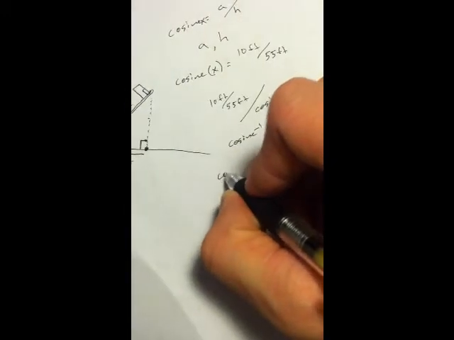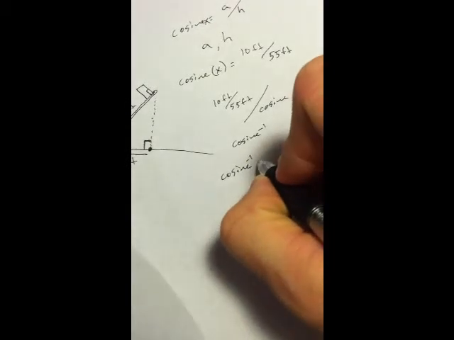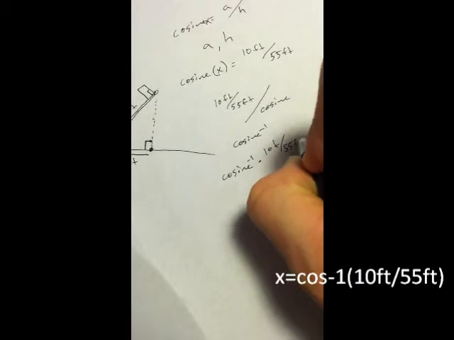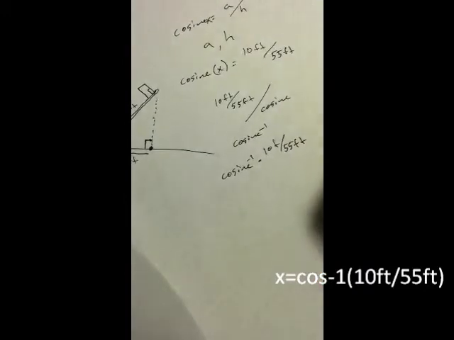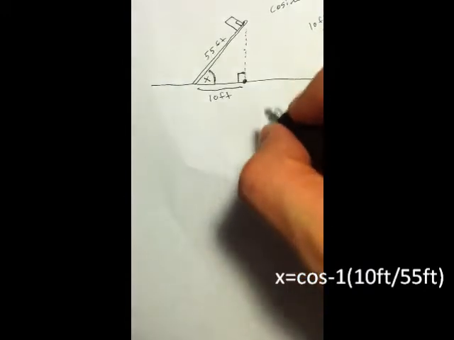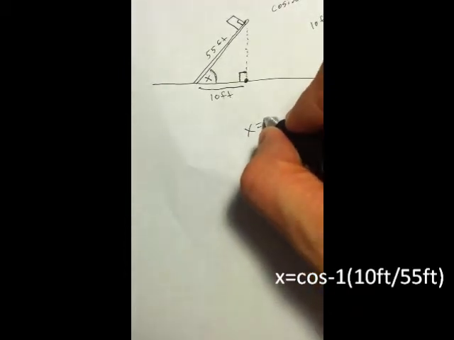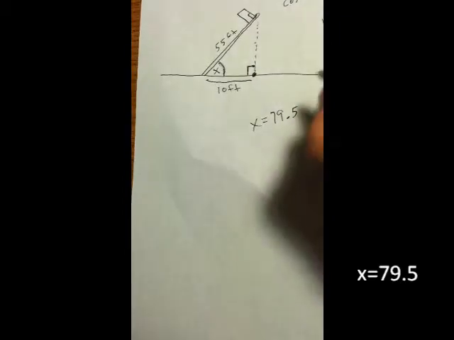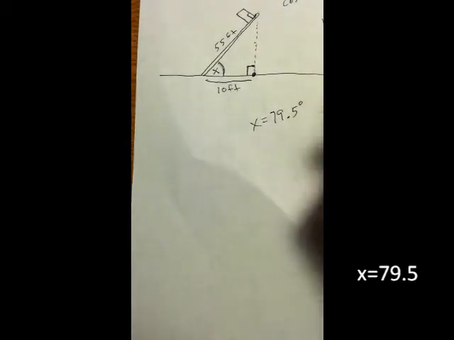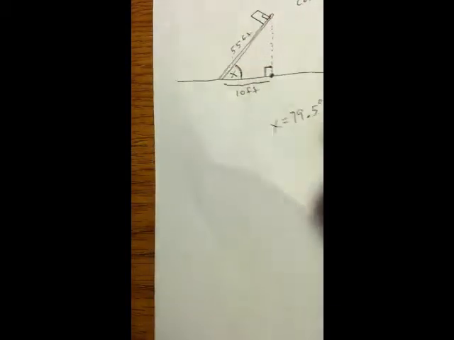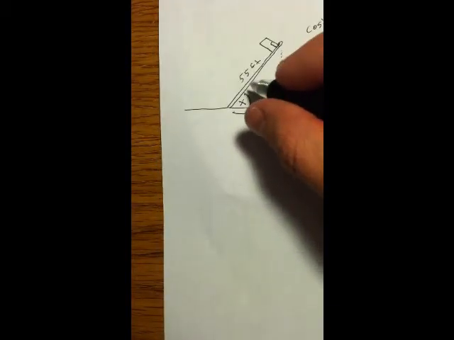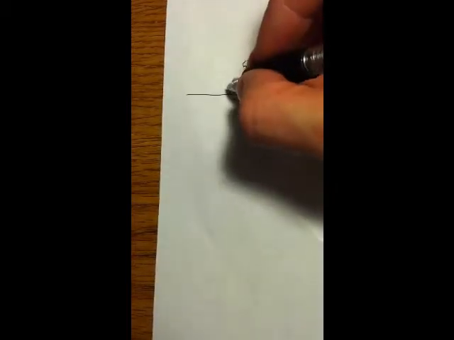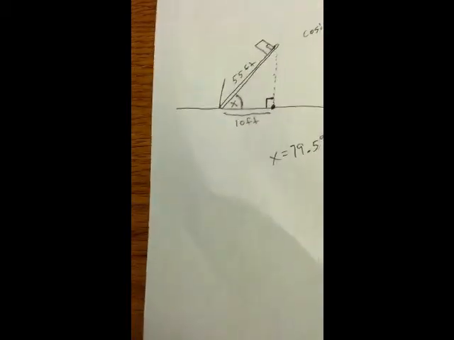So if you go inverse cosine of 10 feet over 55 feet, you plug that into your calculator, you're going to come up with X being our angle after we round this to the nearest tenth to be 79.5 degrees. So the angle of the flagpole is now 79.5 degrees, whereas it started out at 90 degrees.